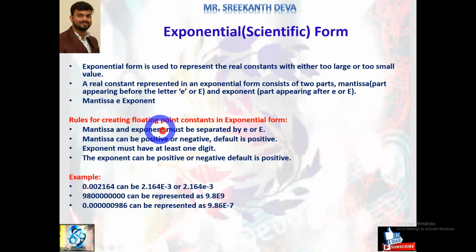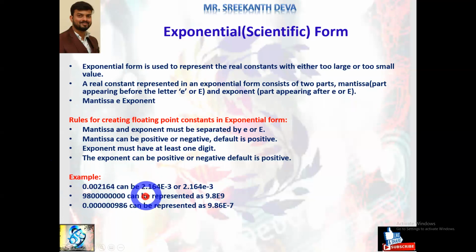Rules for creating floating point constants in exponential form: the mantissa and exponent must be separated by small e or capital E. The mantissa can be positive or negative; the default is positive. The exponent must have at least one digit and can be positive or negative; the default is positive.